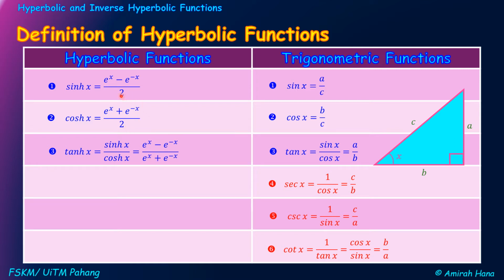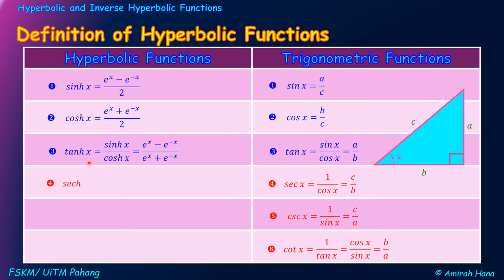After we simplify the 2 here, we get e to the power of x minus e to the power of negative x. The numerator has a negative sign, and the denominator has a positive sign, e to the power of x plus e to the power of negative x. This is tanh x.